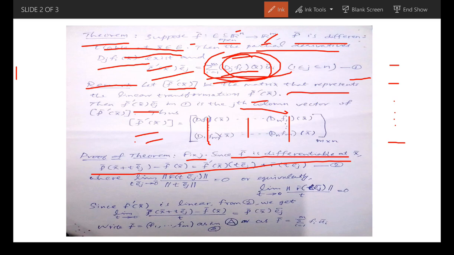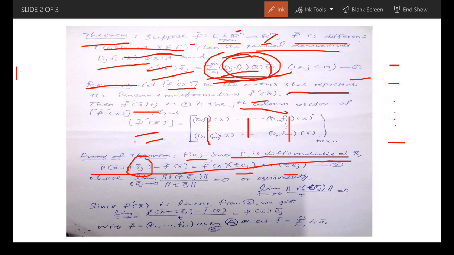So I am taking here h as the vector tej. So how do I write this? F of x plus tej minus f of x is equal to the linear transformation f dash x applied to the increment here tej plus r of tej.